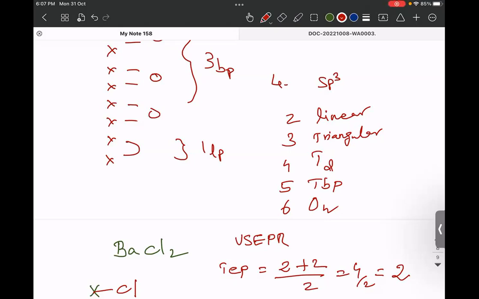Then the total number 2 means the hybridization is sp. Hybridization means intermixing of atomic orbitals to give hybrid orbitals. For a simple example, you take red ink and white ink. When you mix red ink and white ink, what will you get? You will get pink color.